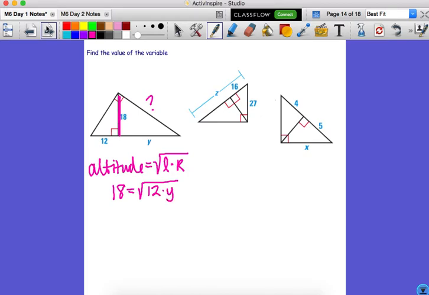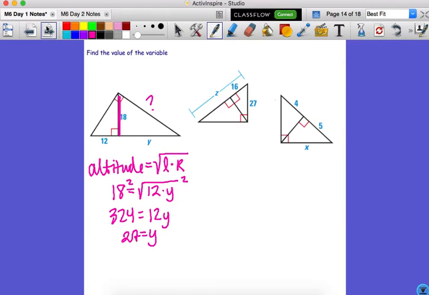To get rid of a square root, we square both sides. So 18 squared is 324. When I square this side, I get rid of that square root. And then I divide by 12 to find that y is 27.